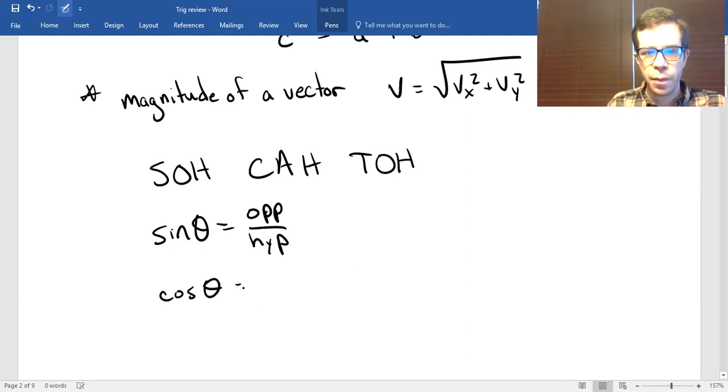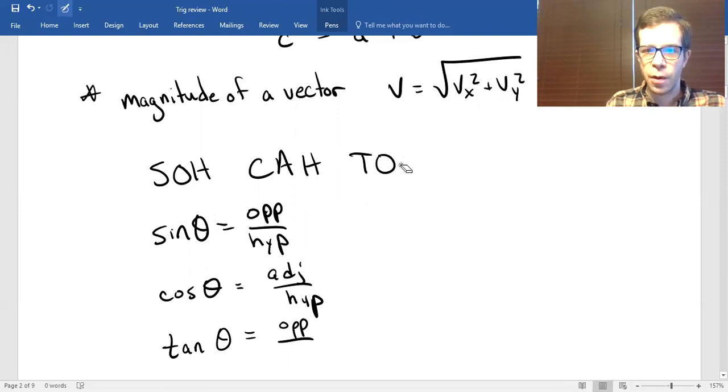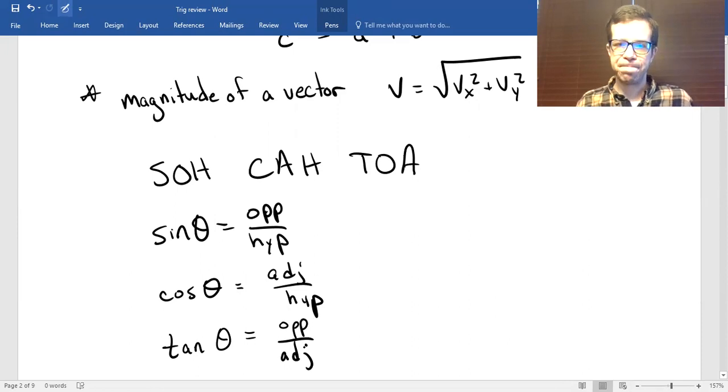Cosine theta is equal to the adjacent side over the hypotenuse. And tangent theta is equal to the opposite side over the adjacent side. Just wrote that wrong.